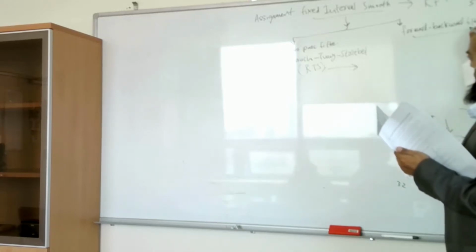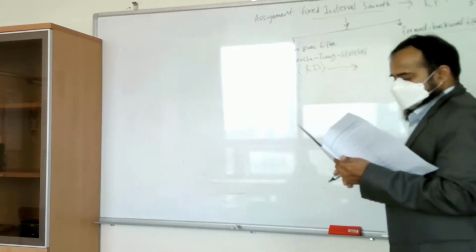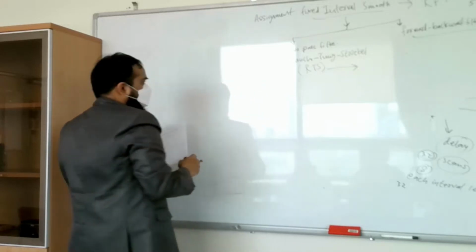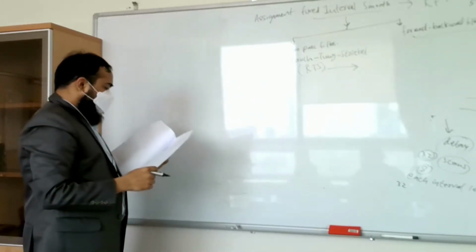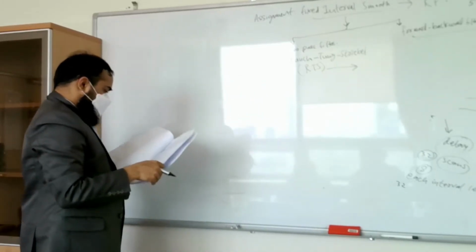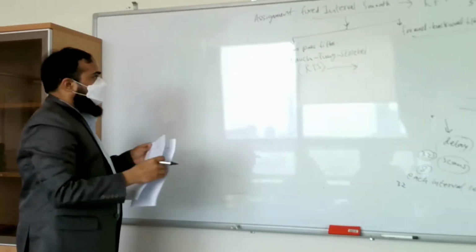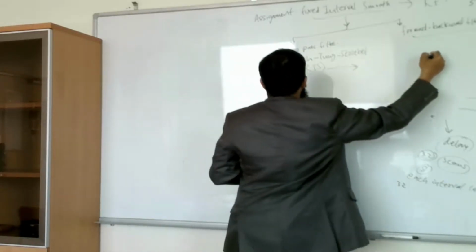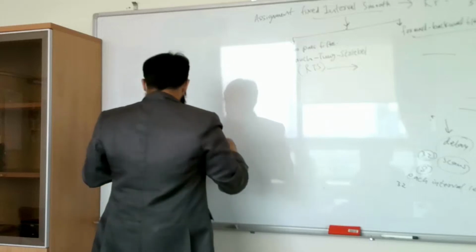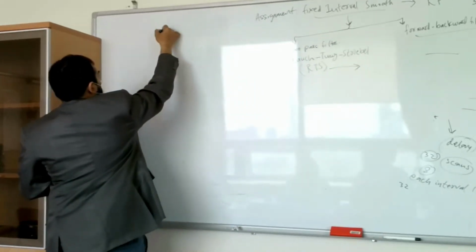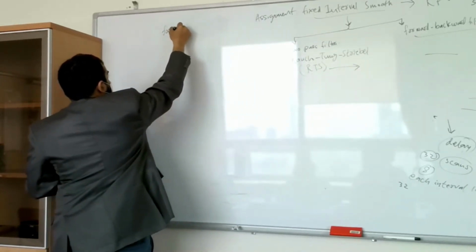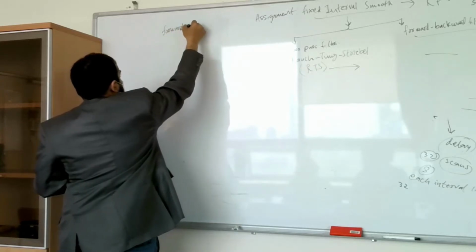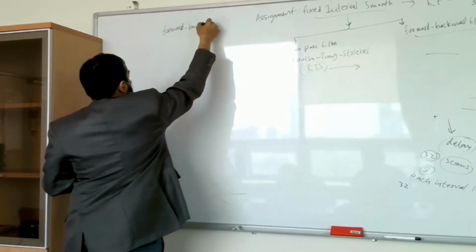Forward backward filter, and this is the two pass filter. In this case, we first go for the forward and then the backward filter.